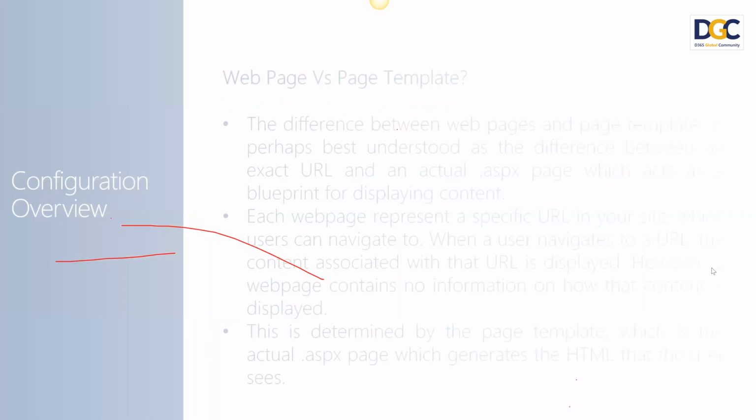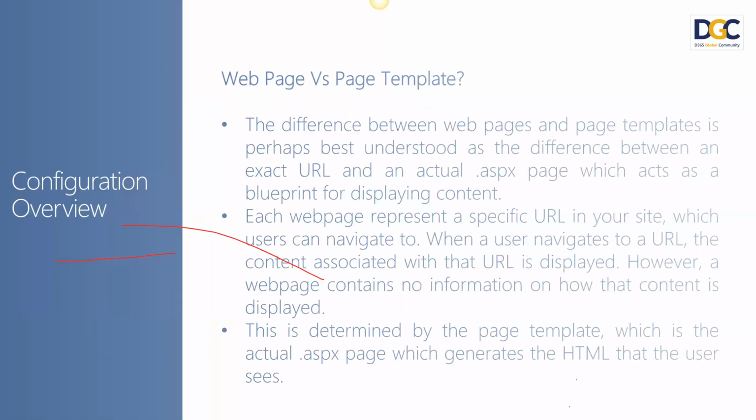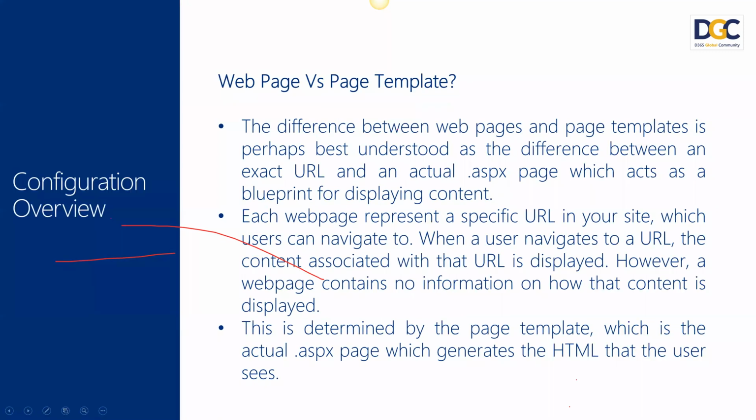Sometimes I get that question from a lot of people: what is a web page versus a template? The best way to understand is that your web page is the exact URL, and the page template is an ASPX page, which acts as a blueprint for displaying the content.